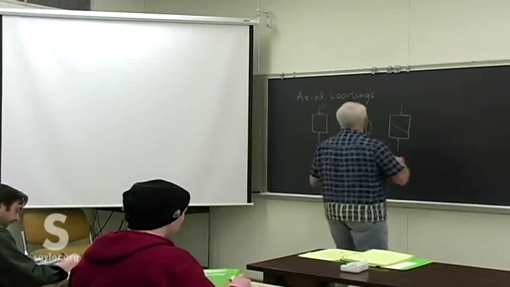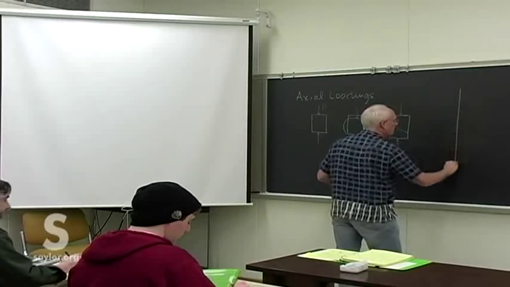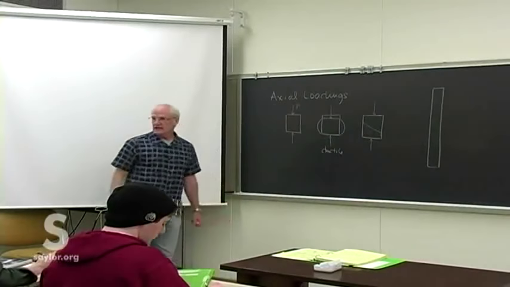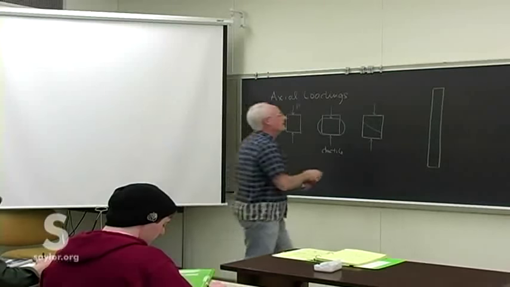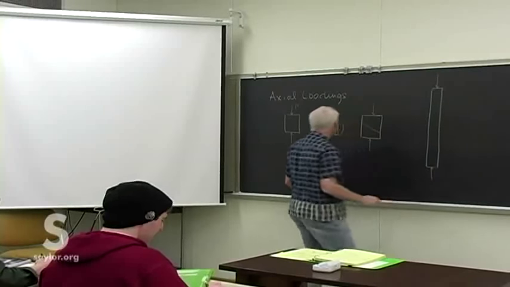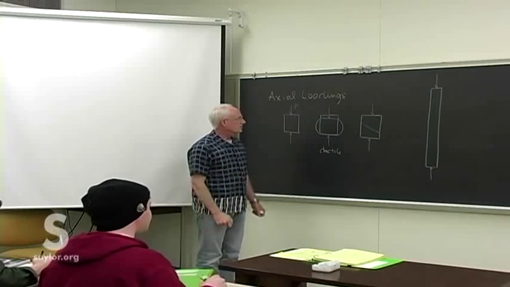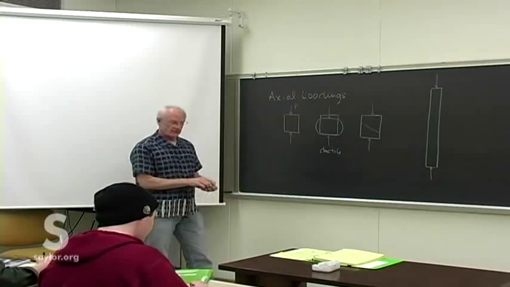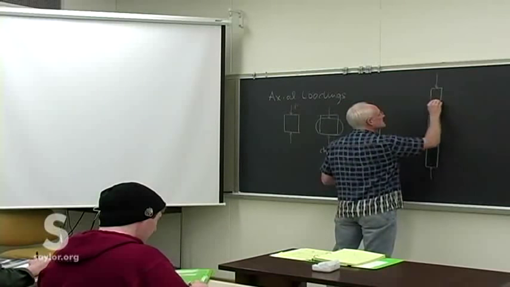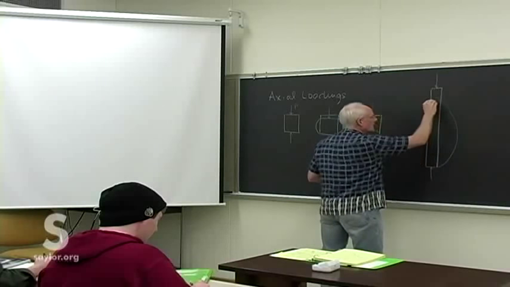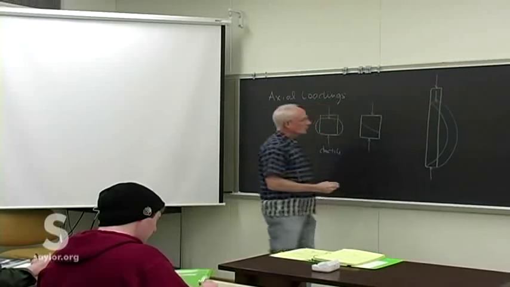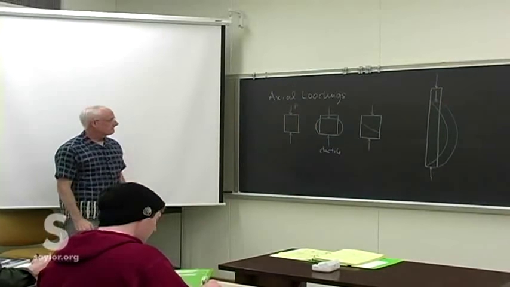What we're going to look at now is axial loadings where the length is much greater than the width, and where the mode of failure is not necessarily one of some kind of catastrophic destruction, but quite possibly one where the piece buckles rather than just deforms.